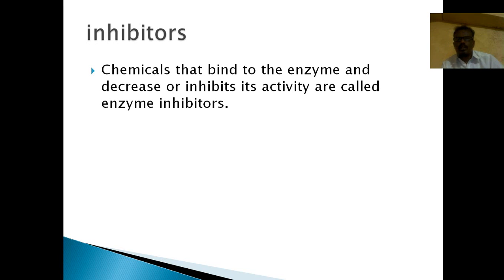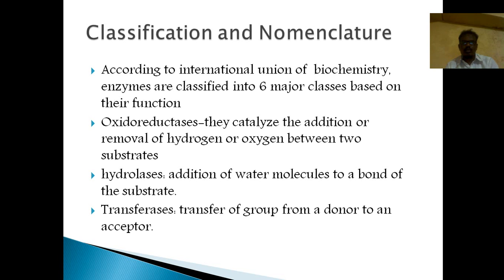In simple terms, the chemical substances which decrease or reduce the enzyme activity are known as inhibitors, and the process is known as inhibition. The process where enzyme activity is inhibited by certain chemical substances is called inhibition, and such chemical substances are called inhibitors. Clear? So this is about inhibitors.